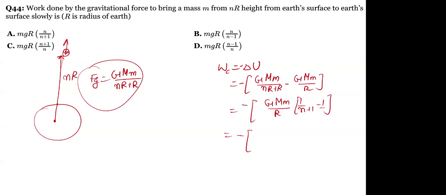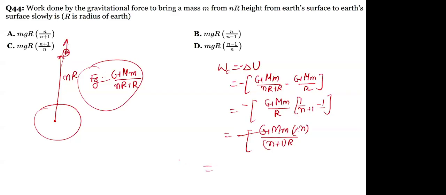Just take the LCM now. It will become minus n upon n plus 1, so GMm upon minus n upon n plus 1 into R. This minus will cancel out this.